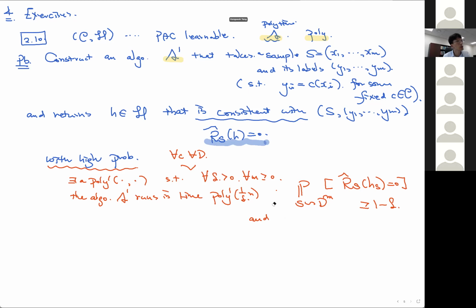So the algorithm runs in polynomial time. Then the output of the algorithm is guaranteed. It's a randomized algorithm, but its output is guaranteed to satisfy this property. I think I made so many mistakes here.